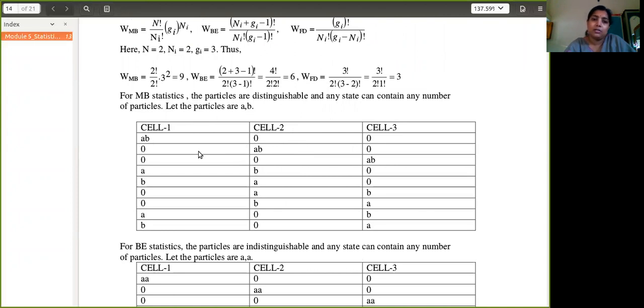Cell 1 has 0, cell 2 has AB, cell 3 has no particle. If you look at the arrangement, it will be clear to you. See it yourself, and only these combinations are possible. So we will have only 9 combinations or 9 microstates corresponding to MB statistics.